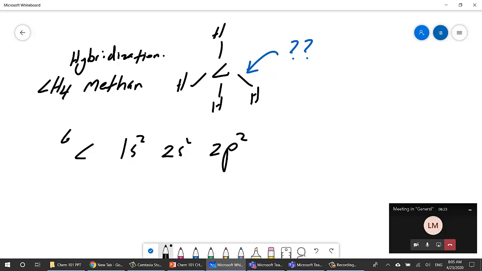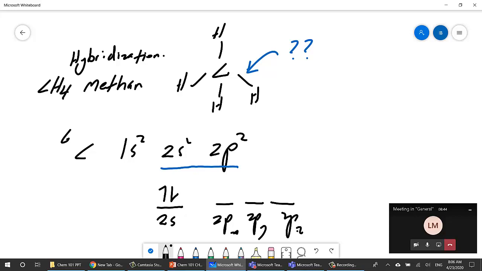And therefore, looking at the valence shell of carbon, we don't care about the electrons in the core. Carbon has a 2s orbital, and there are 2 electrons on it, and they are paired. We have 3 subshells, a 2px, a 2py, and a 2pz, okay? And there are only 2 electrons here, so there is 1, 2.